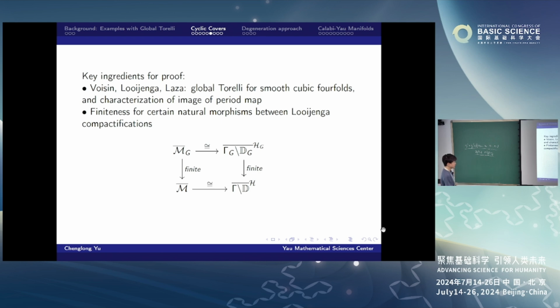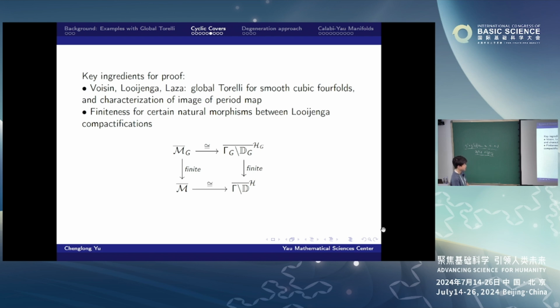So we need some GIT study on the left-hand side, but this is essentially the theorem by Luna. And on the right-hand side, we have the corresponding period domain and the corresponding map on period domains. So in this case, we need some functorial property for compactifications, or semi-toroidal compactifications, for type 4 domains, or ball quotients to type 4 domain.